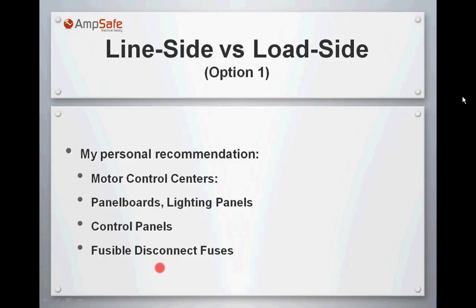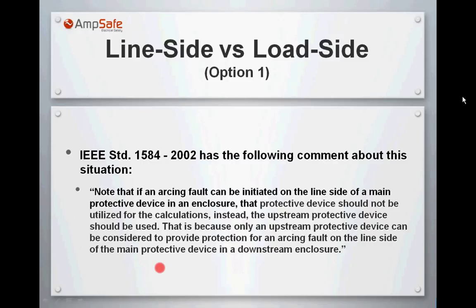Those happen when you have, for example, tie breakers where the main overcurrent protection device does not see the energies coming from big motors downstream and from other switchgears that are tied to this bus through tie breakers or tie switches.